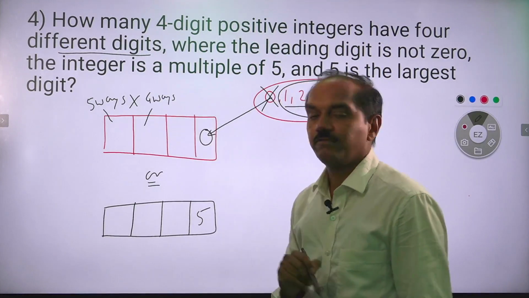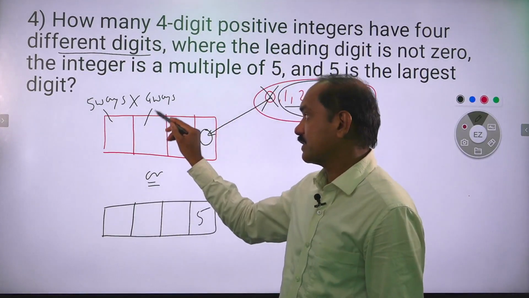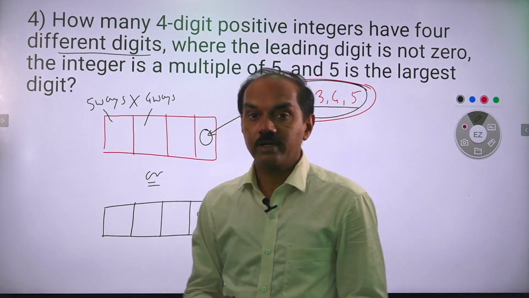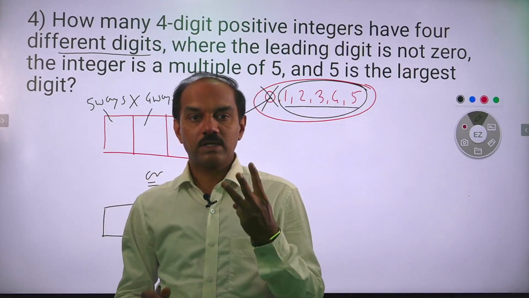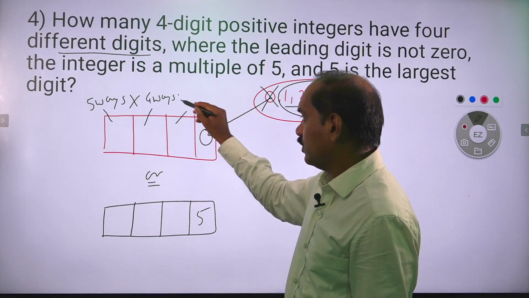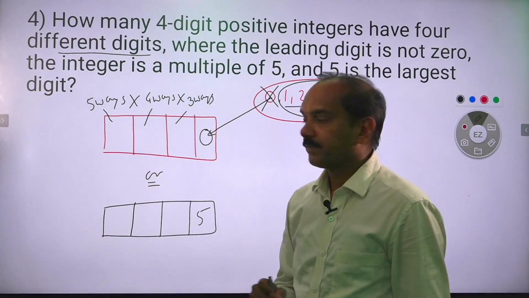This box can be filled in 4 different ways. Once you fill up this box, you will be left with only 3 digits, and any of those remaining 3 digits can appear here, right?